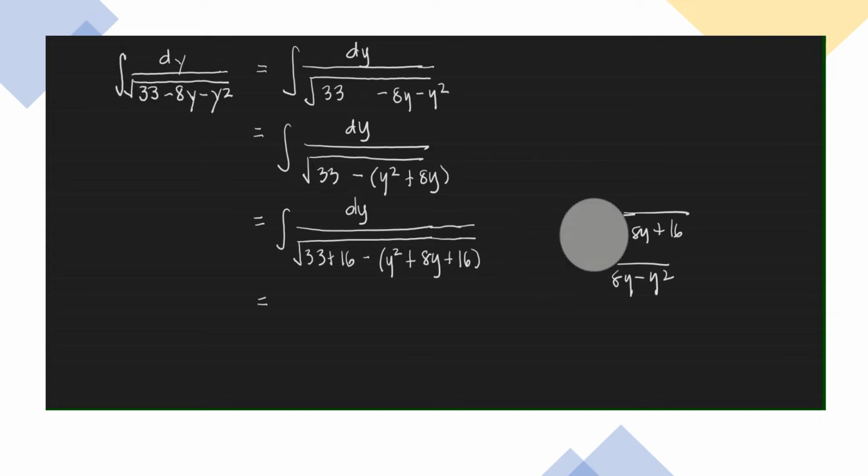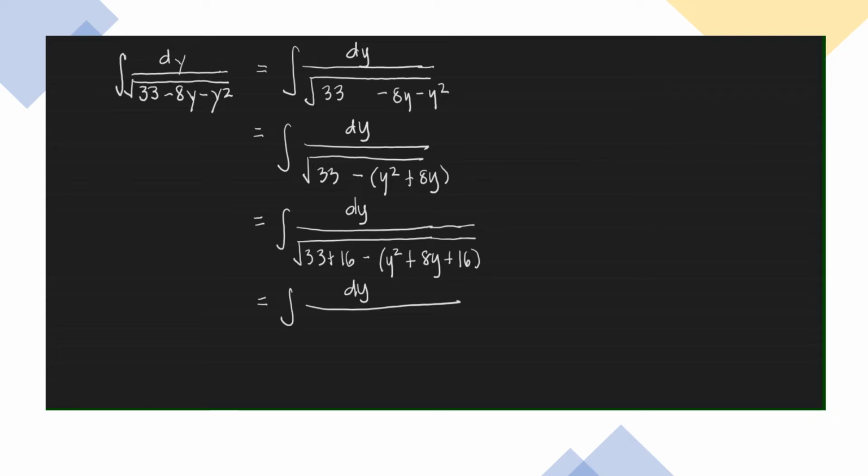So let me erase this and continue with our solution. So we have dy over 33 plus 16 is 49, minus, we now factor our perfect square trinomial, so it will be the square root of the first term, y squared, the square root is y, the square root of the last term, 16, the square root is 4, and then the sign of the middle term, 8y, since it's positive 8y, we will use positive, and then quantity raised to 2.